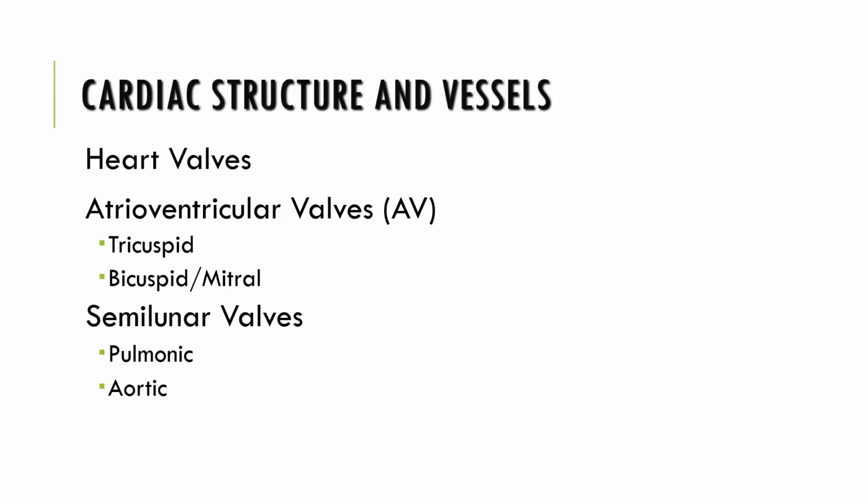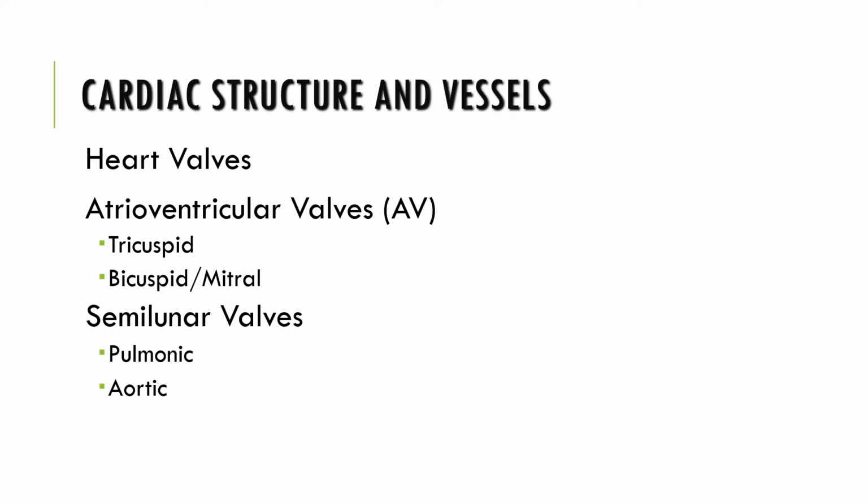There are 4 different valves in the heart. You have your atrioventricular valves, which is your tricuspid, which is on the right side, and then you have your bicuspid, the mitral, on the left side. The way you can remember is try before you buy or try before you marry.